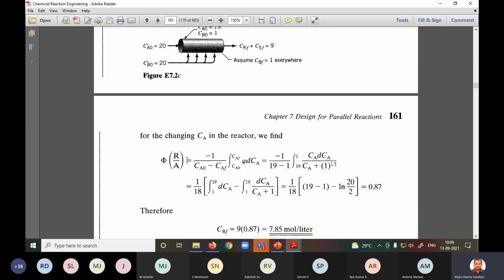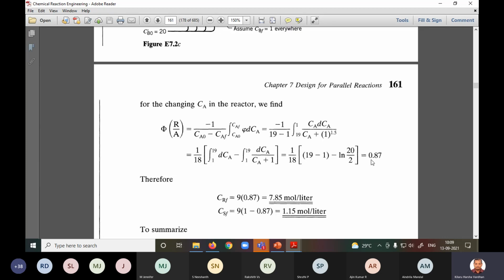So if you see pi, pi R by A is minus 1 by CA naught minus CAF into integral CA naught to CAF pi dCA. So CA naught is 19 now, CAF is 1. So if you substitute CA by CA into 1 plus 0.5 dCA, you need to do the integration for this and substitute the limits.